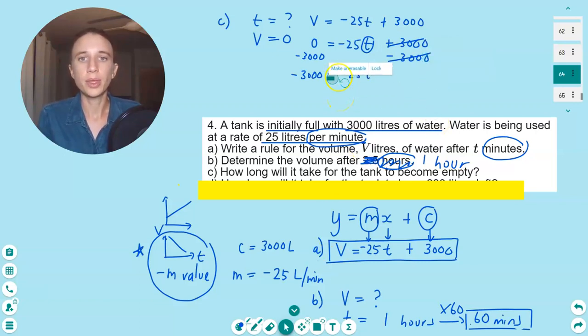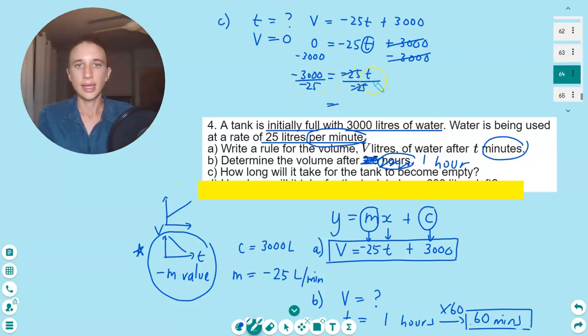So, we've got that. Let's get rid of that negative 25 by dividing by negative 25 on both sides. And negative divided by negative is a positive. And 120. So the time is 120, and think about what our units are. Will it be minutes or hours?